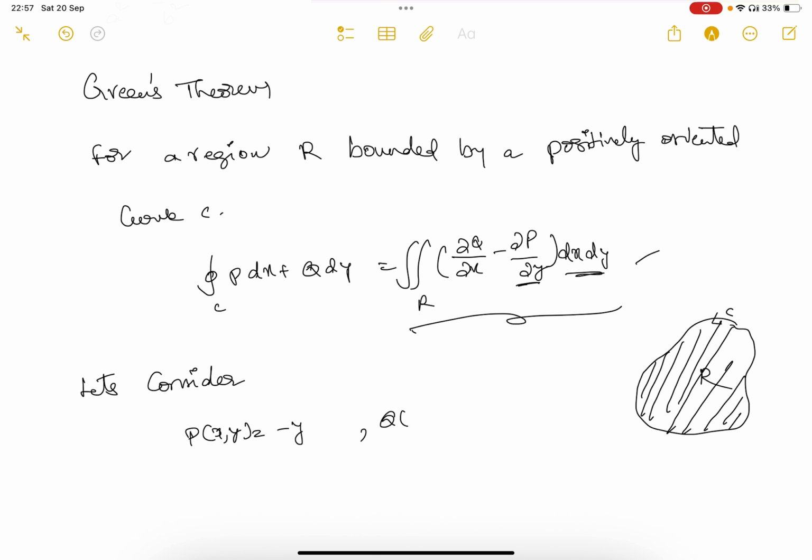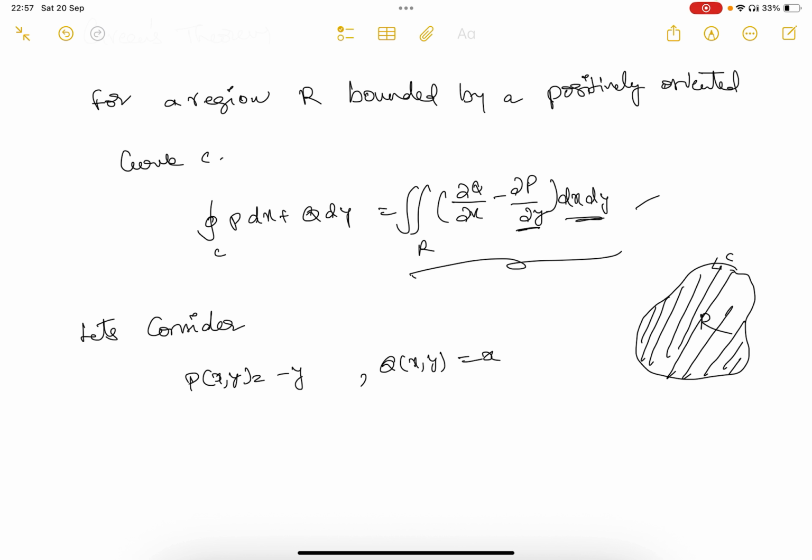If Q of x comma y is x, then dou Q by dou x is 1. So now let's calculate this. Dou Q by dou x minus dou P by dou y is 1 minus of minus 1, which is 2.